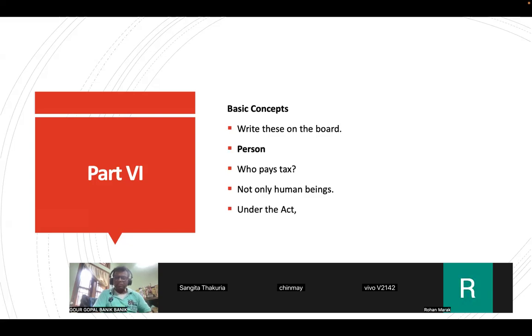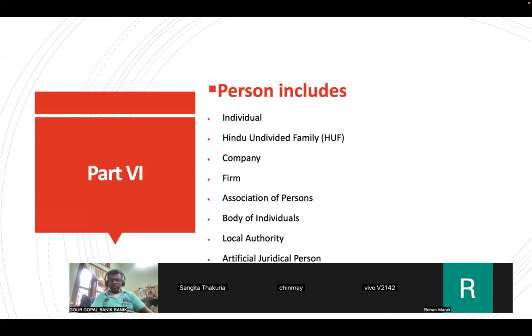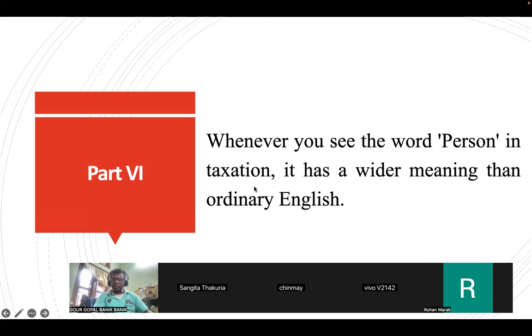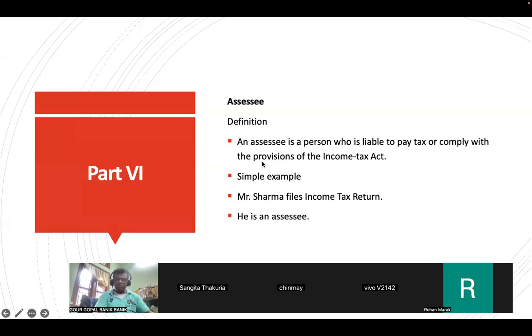But in income tax, person has a special meaning, and you understood that there are different types of persons: individual, Hindu undivided family, company, body of individuals, local authority, artificial juridical person. I asked you to take it as a home assignment, and you must have written it, submit it to me tomorrow. Income tax uses the word person in a wider meaning, and you know it.